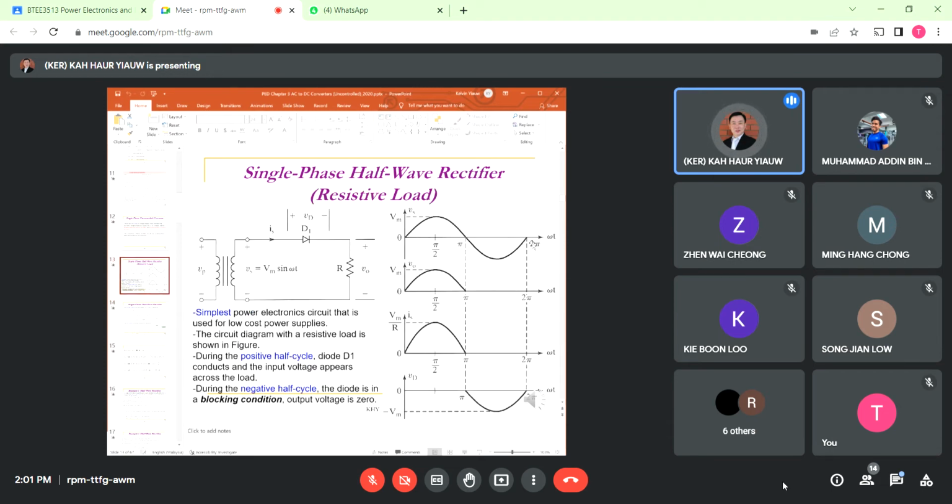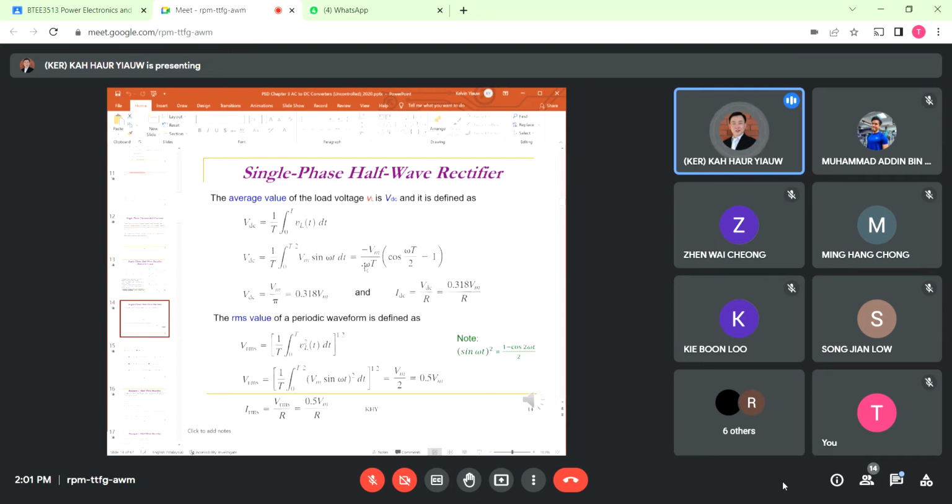From 0 to 2 pi is called the period T. But when you look into it, your output voltage only has some value from 0 to pi, so you are supposed to do the integration from 0 to pi only. And hence you have this one here.